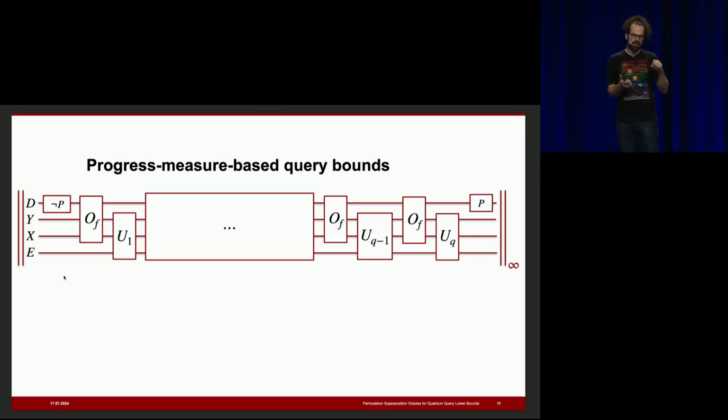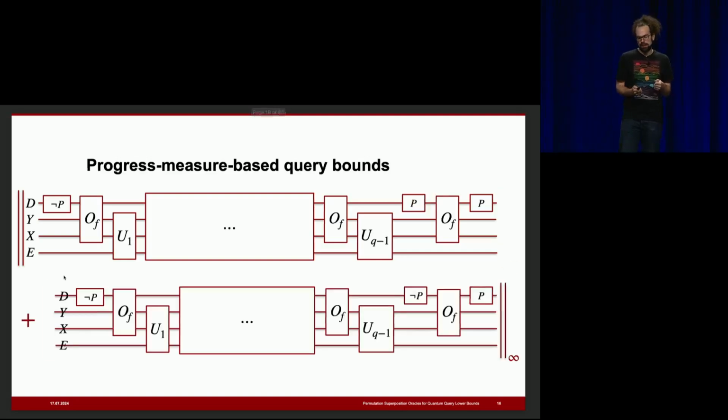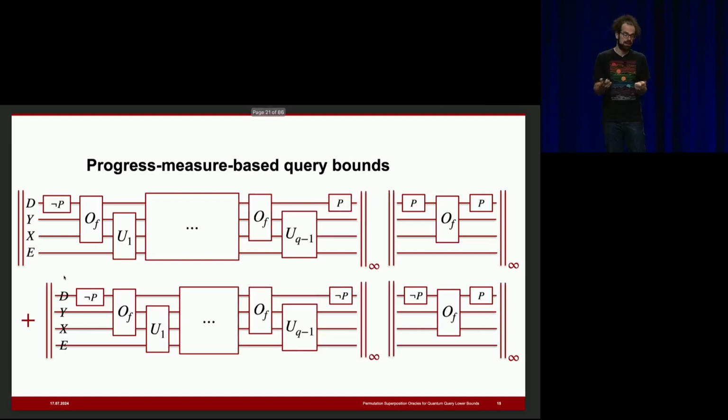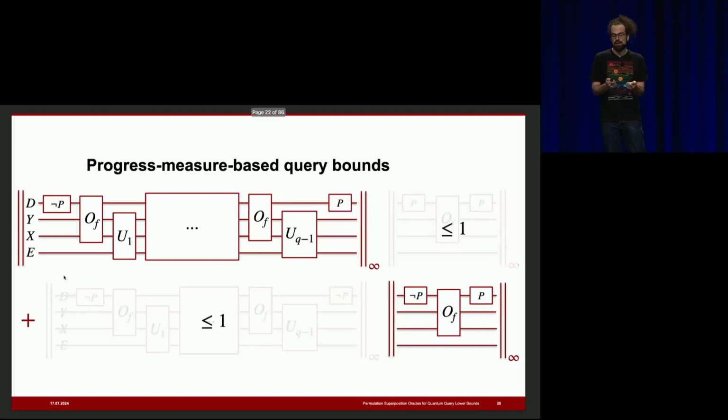We have these projectors, P and not P. P projects onto so-called database states that fulfill a certain property, and not P is the opposite. So it works like this. We remove a unitary that doesn't matter. We insert an identity here, split it into P and not P. We apply a triangle inequality. Then we exploit the submultiplicativity of the operator norm and bound some terms by 1.